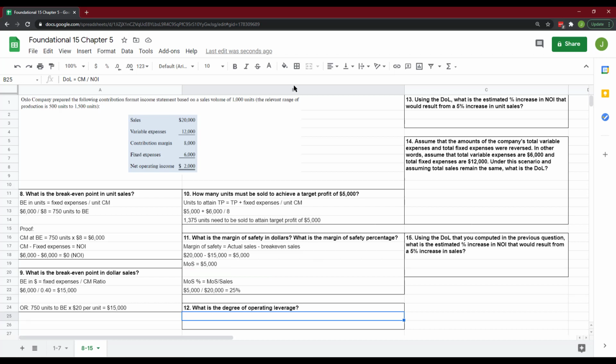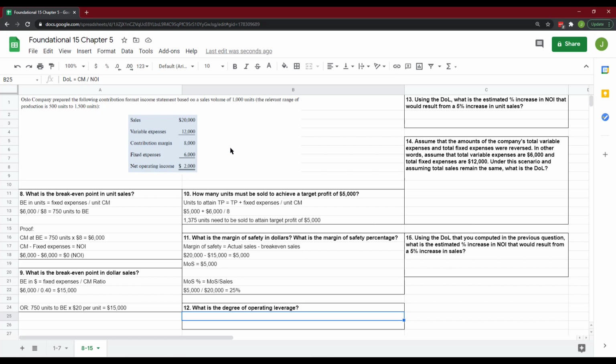Next is, what is the degree of operating leverage? So the degree of operating leverage measures how sensitive our net operating income is to changes in sales. So it has to do with our cost structure. You know, what are our variable expenses and our fixed expenses, and that will impact how sensitive your net operating income is to any changes in sales.